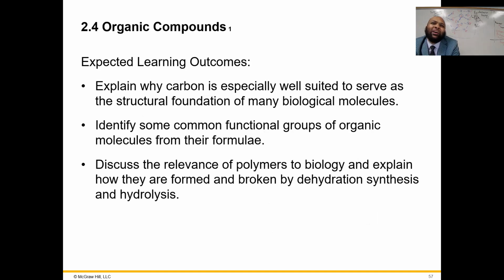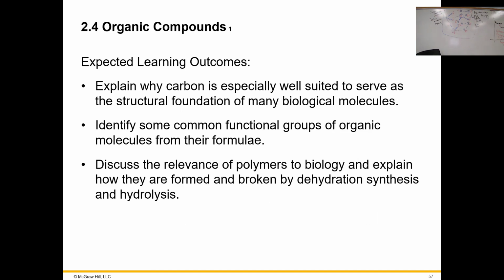Okay. The law says LEO says GER. Lose electrons, oxidation. So if you lose electrons, you're oxidized.